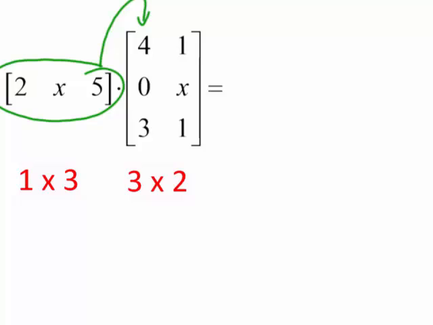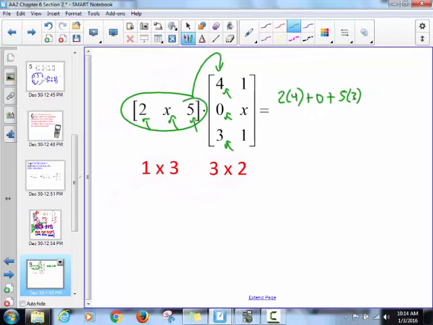So if I did this, I'm going to do this one mentally here, or without a calculator. So I'm going to have 2 times 4, and I'm going to add that to x times 0, which is 0, and I'm going to add that to 5 times 3. And then I'll take this row again and do the same thing to the next column. So that would be this next spot up top here.